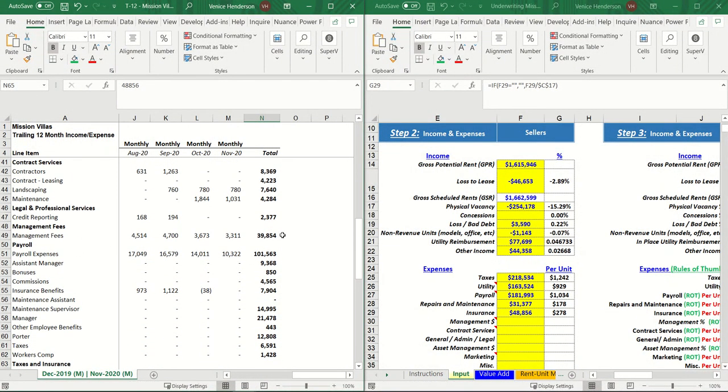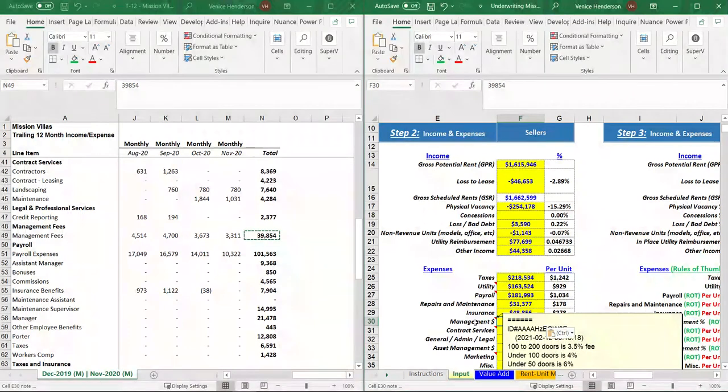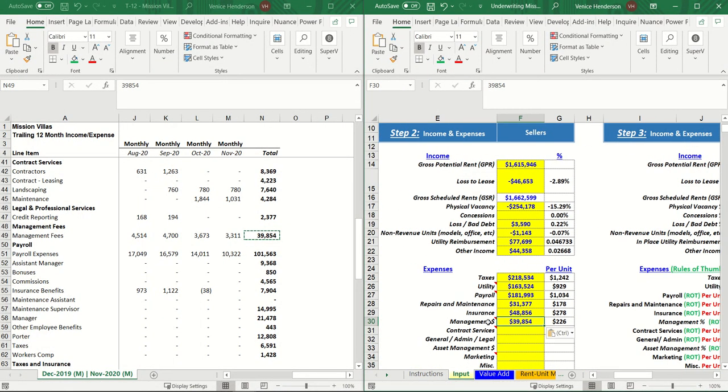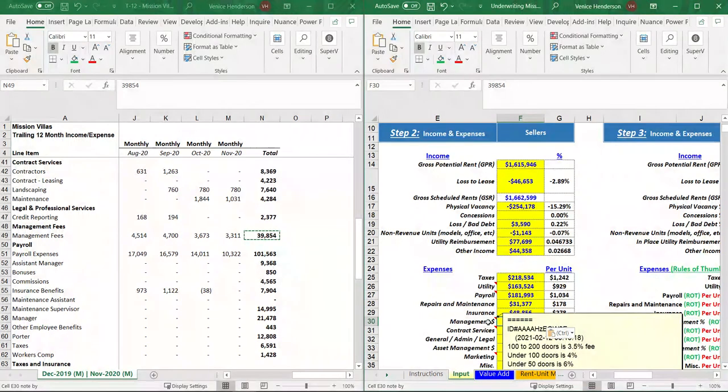All right, so maybe, okay, here it goes. Management fees. I also like to go over 100 doors because that's when you begin to tap into the economies of scale. You can hire a high tier property management company at 3.5.